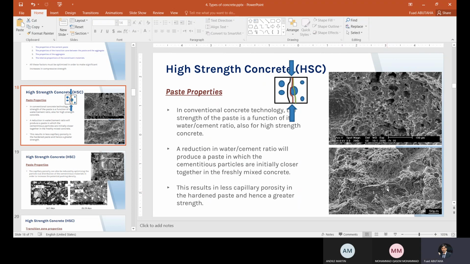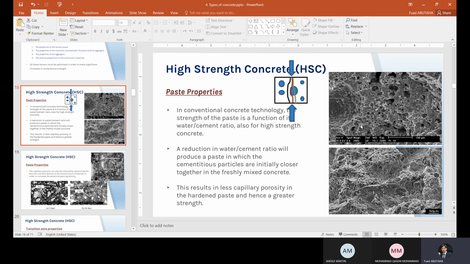So also the other benefit of using the mineral admixtures is that they can improve the strength by the reaction, by consuming the calcium hydroxide, and also by filling these voids. They can be filled with very fine and very small particles of silica fume or fly ash or any mineral admixture that has a particle size smaller than the particle size of the cement.